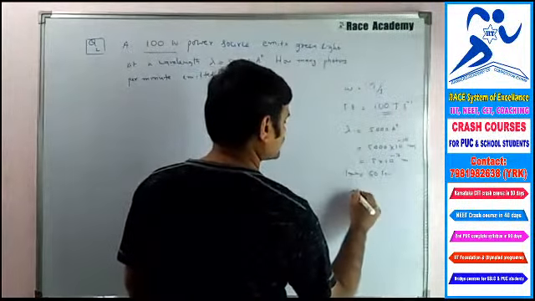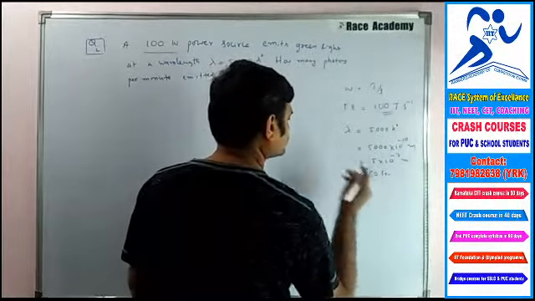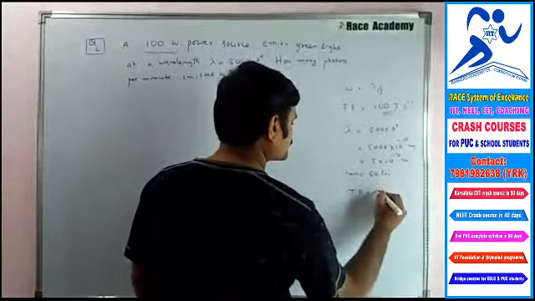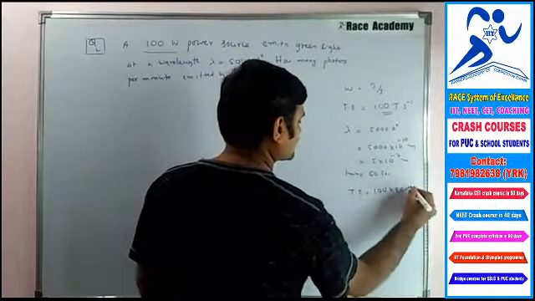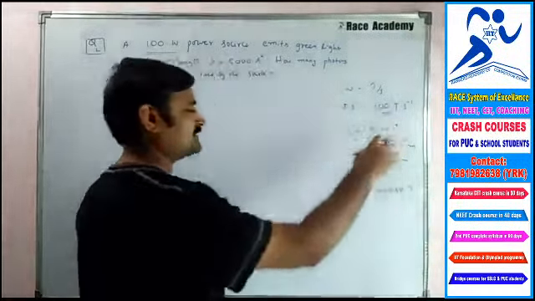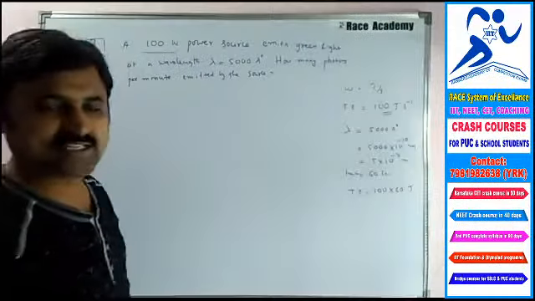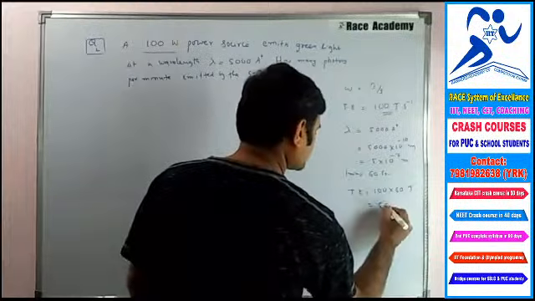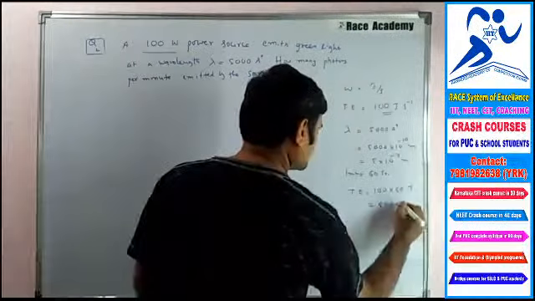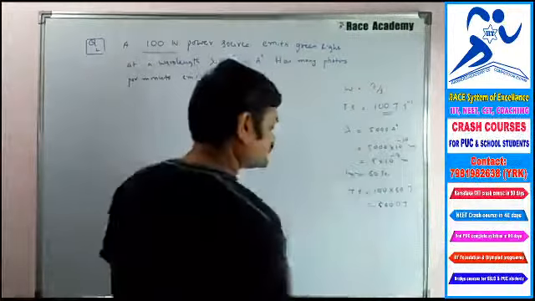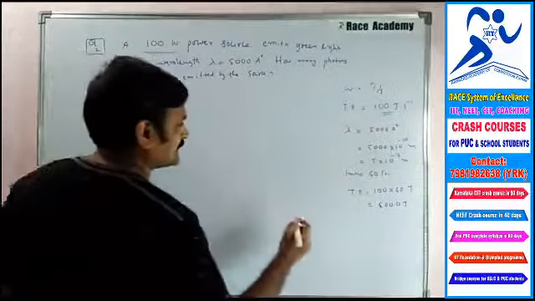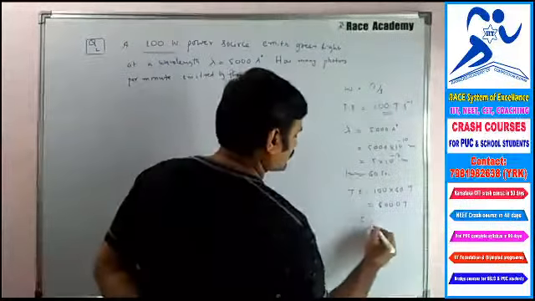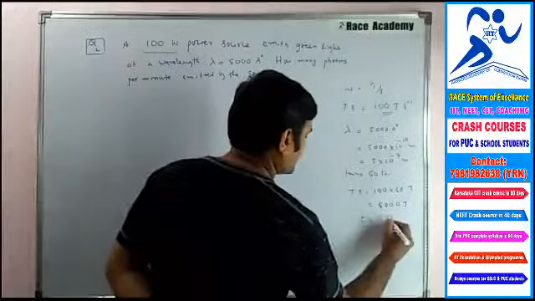That means total energy in joules should be obtained by multiplying 100 with 60. Then the second will get cancelled. You will get 6000 joules here.